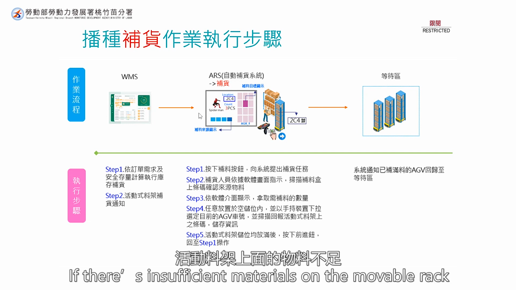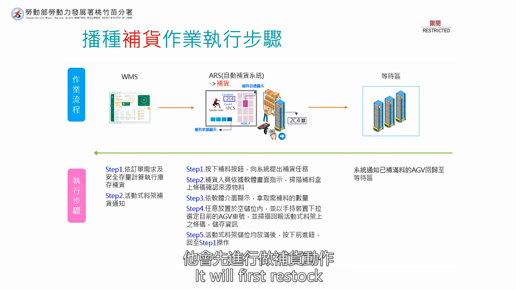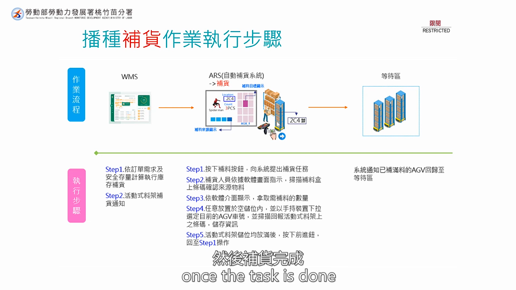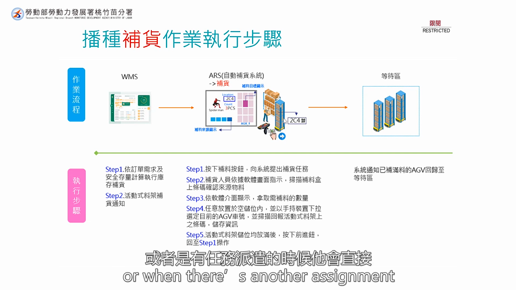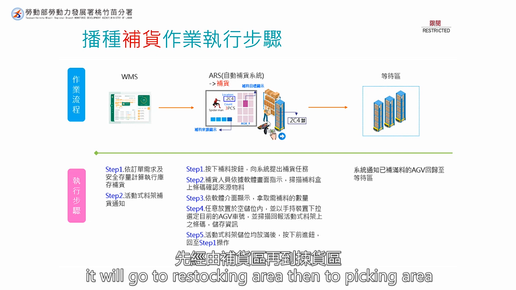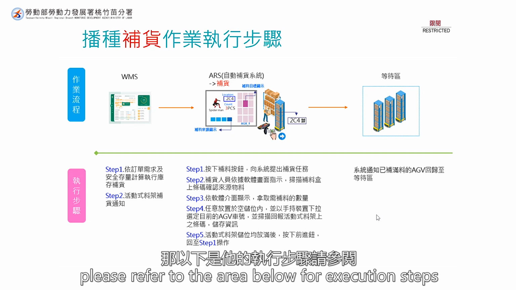If there are insufficient materials on the movable rack, it will first restock. Once the task is done, the rack will go back to the standby area, or when there is another assignment, it will go to the restocking area, then to the picking area. Please refer to the area below for execution steps.